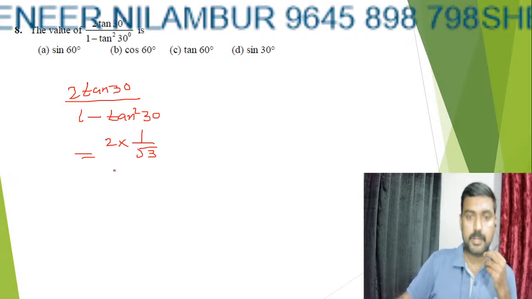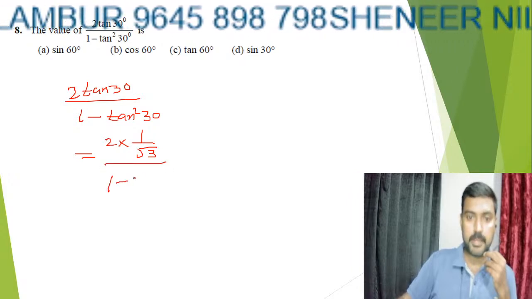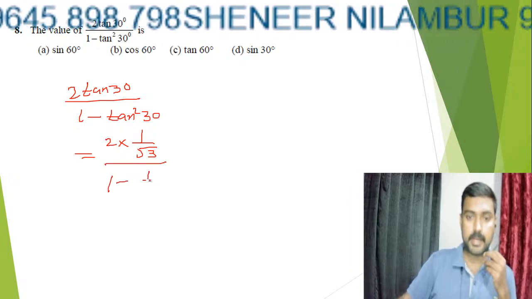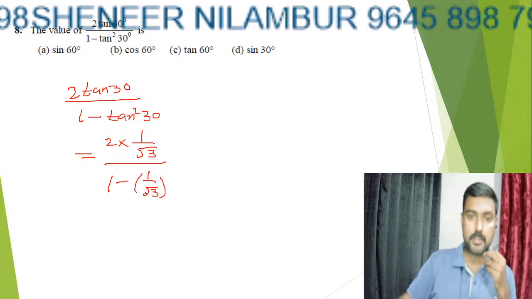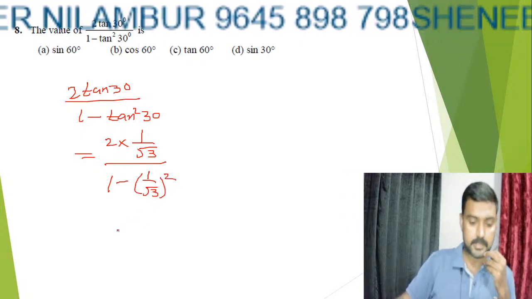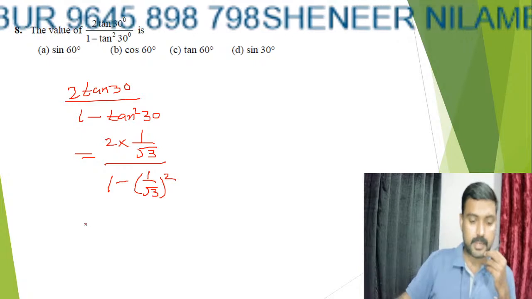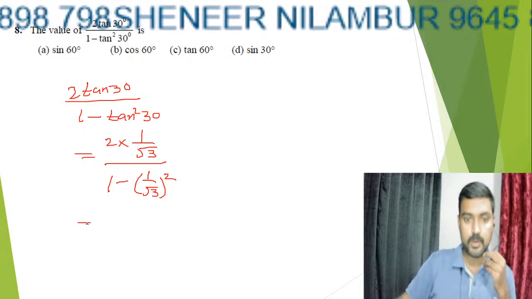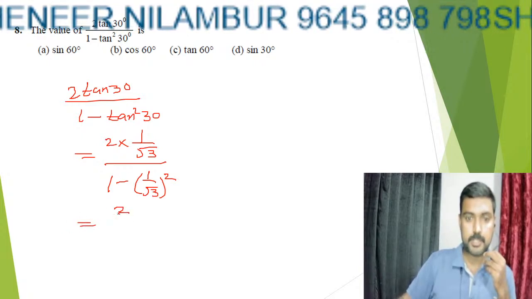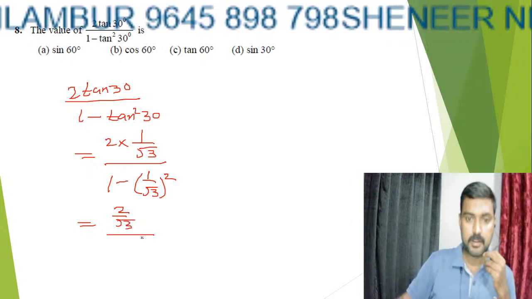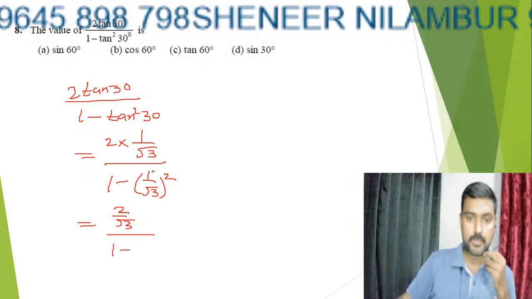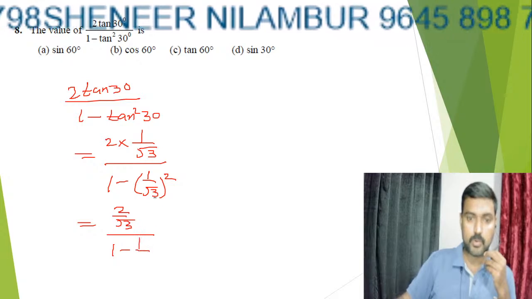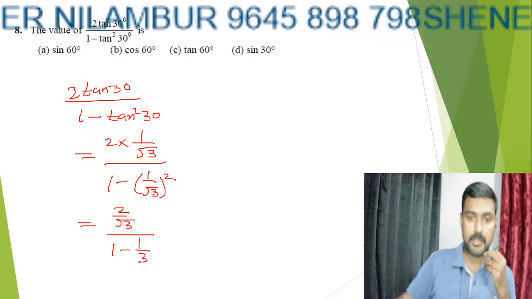So divided by 1 minus tan square 30. Tan 30 is 1 by root 3. So its square means it will be like this. So we get the answer 2 into 1 by root 3 means 2 by root 3 divided by 1 minus 1 square is 1, root 3 squaring time it will be 3.